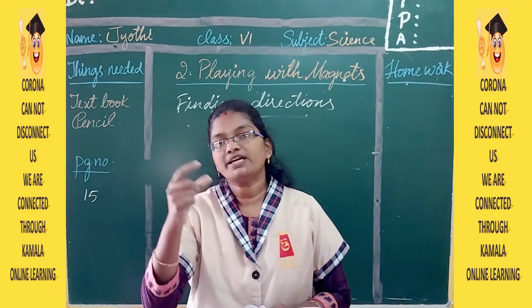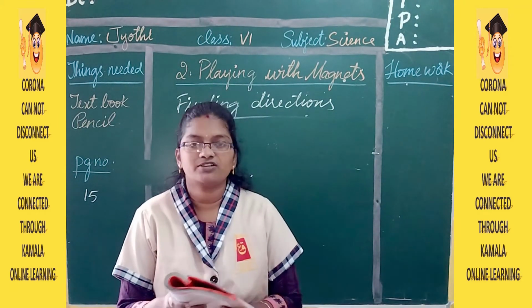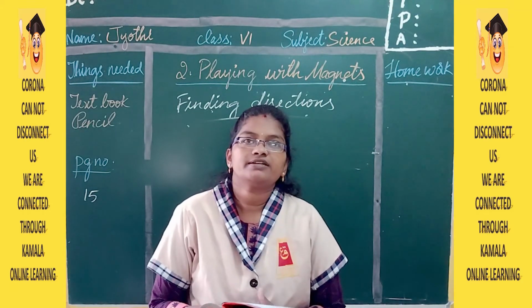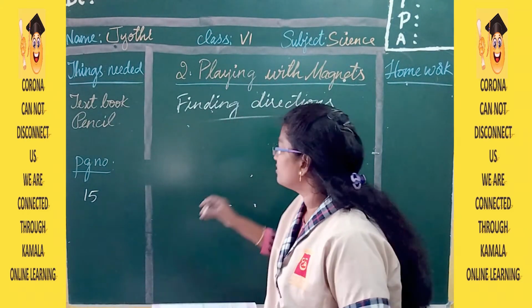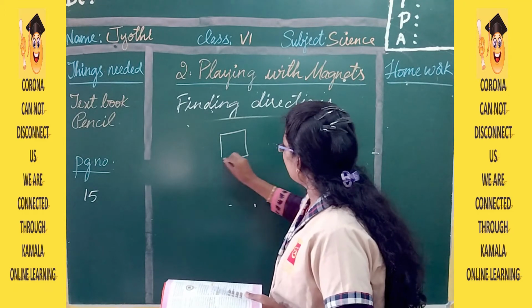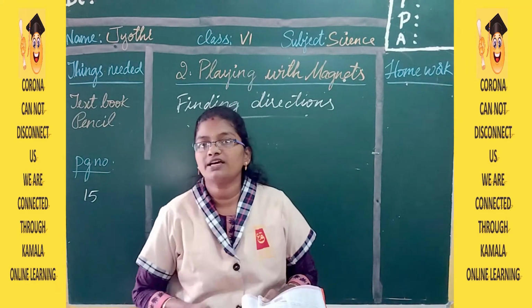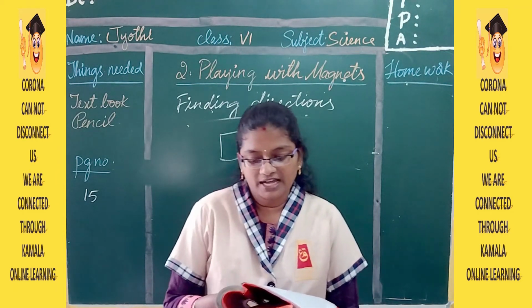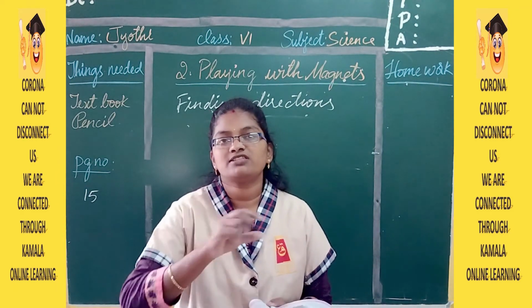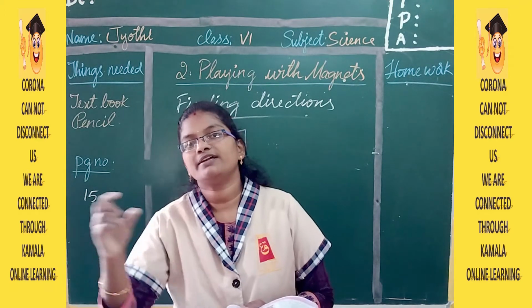They have an automatic compass in their aeroplanes and all. A small screen will be there, and on that screen, it is going to show which side is the north and south and which direction they have to go.